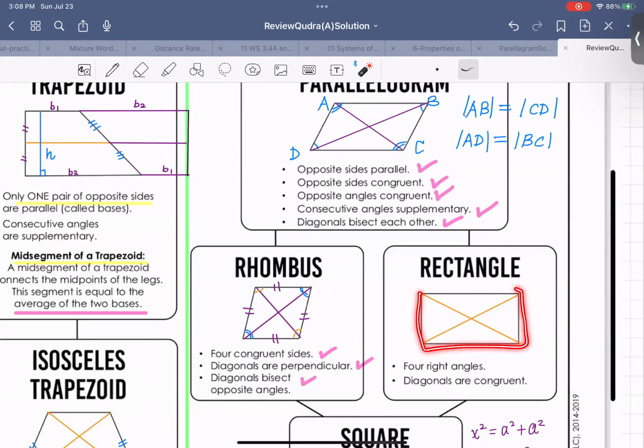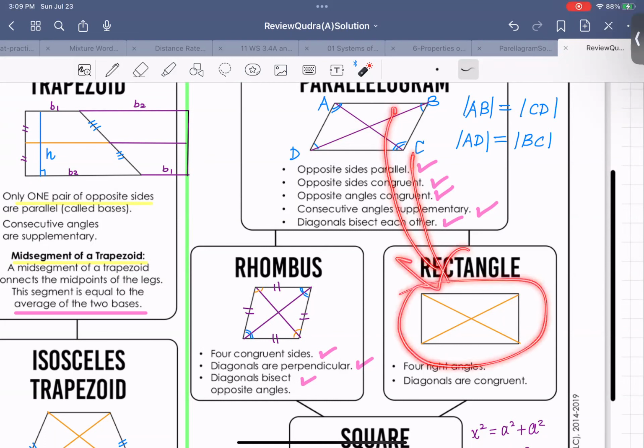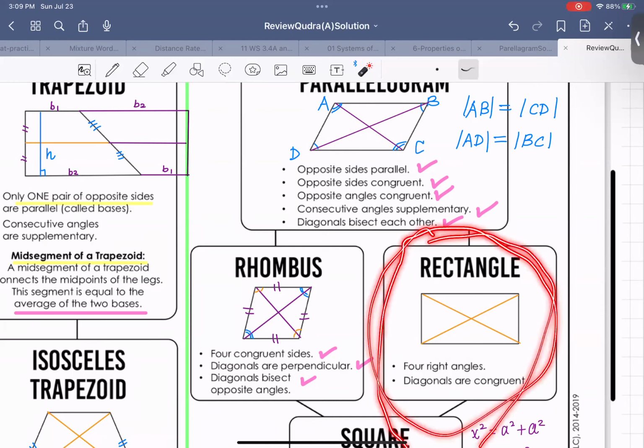If you have a parallelogram with one angle 90 degrees, this is going to be a right angle. Make sense? Yes. I'll say it one more time. If your parallelogram is not a rectangle, then these two diagonals will not be equal. If these two diagonals are equal, then this parallelogram becomes a special case, a rectangle. That's interesting. Go ahead, put this on your graph.